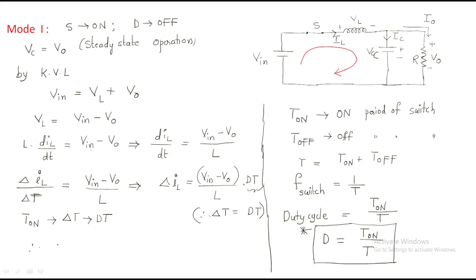Therefore the change in inductor current when the switch is closed is (V input minus V naught) by L into dt.